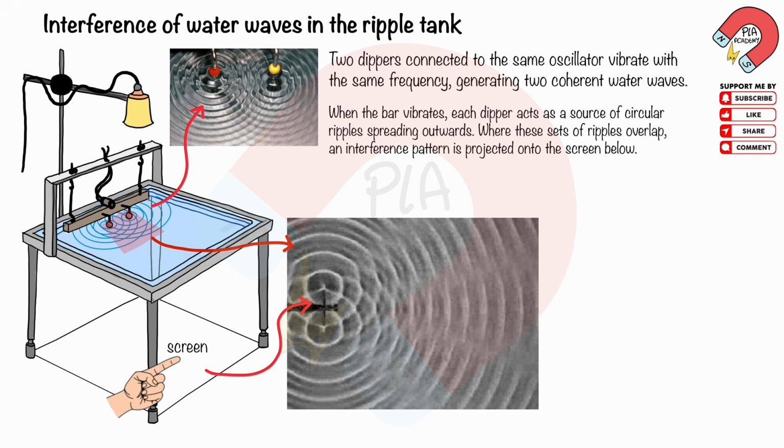The pattern consists of alternating regions of constructive and destructive interference. Along this line are locations of destructive interference, resulting in nodes.